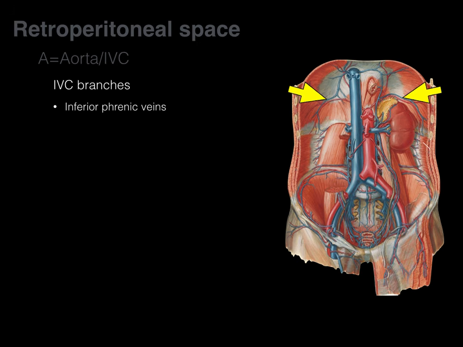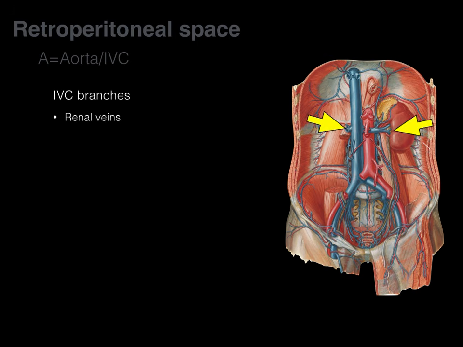Then we have the hepatic veins. The hepatic veins drain the liver. They collect all blood that's supplied to the liver. So think of those hepatic sinusoids, and the blood percolates through the three zones of hepatocytes and the terminal hepatic venules. Terminal hepatic venules will drain into these hepatic veins.